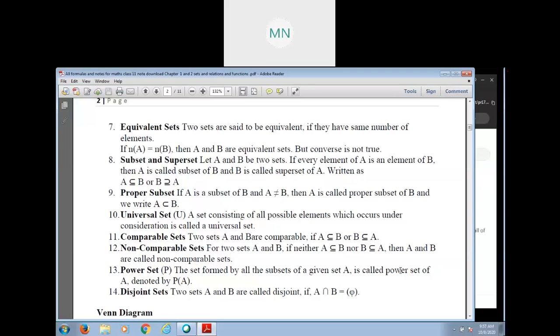No. In that sense, there is no common element in A and B, so we can say that A and B are disjoint.